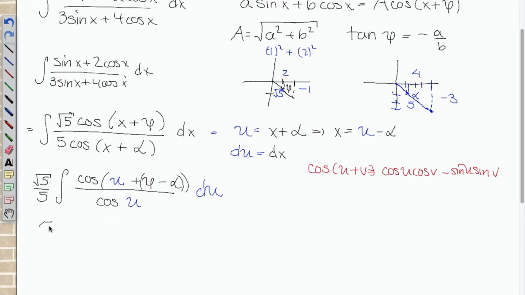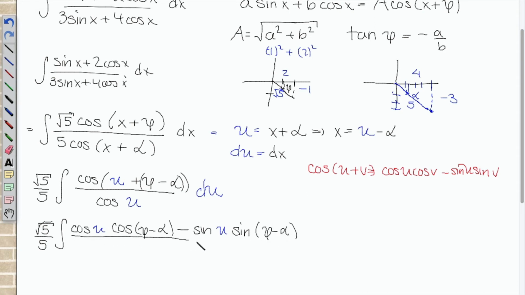So this becomes square root 5 over 5, the integral of cosine of u cosine of phi minus alpha, minus sine of u sine of phi minus alpha, all divided by cosine of u, du.